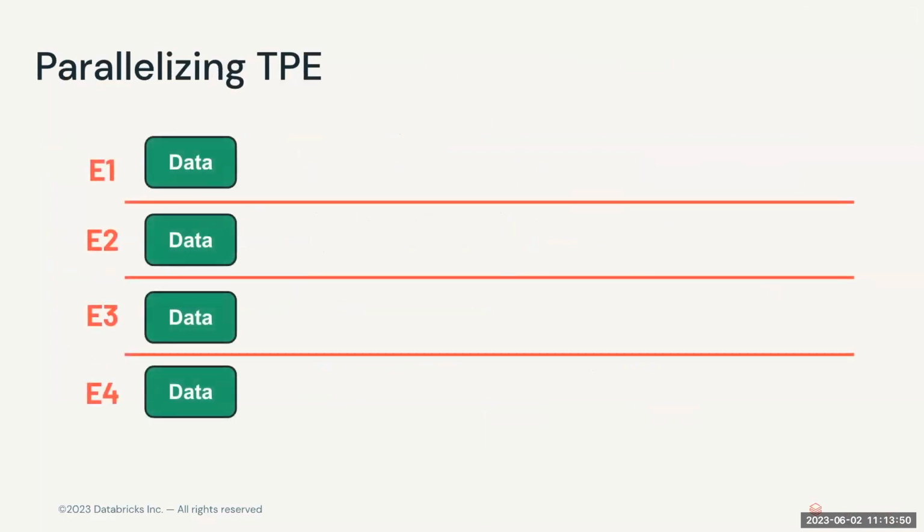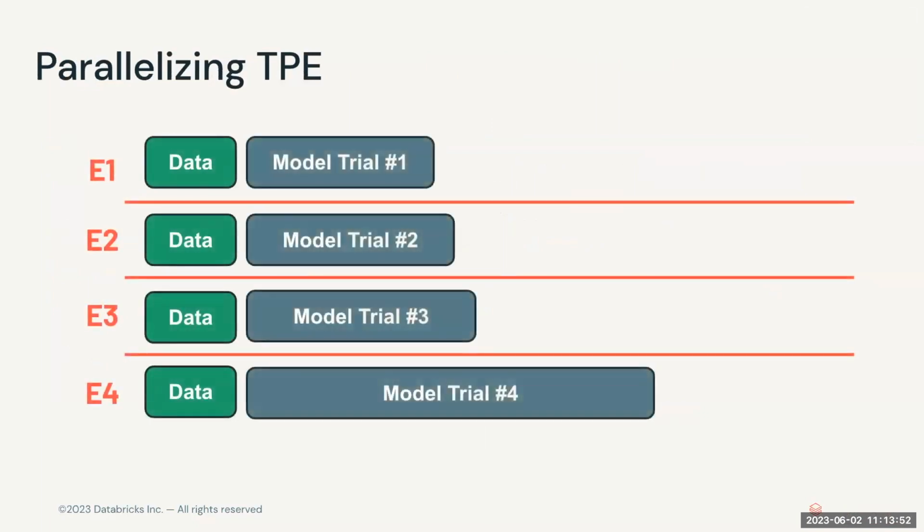But as we think about parallelizing this, first of all, HyperOpt allows us to distribute training our models. So each of these is a different set of parameters that we fed into our model, and we train the model. And instead of having to do it one by one, we can do 4 at a time in this example. We have 4 workers on our cluster, so we can do 4 at once.